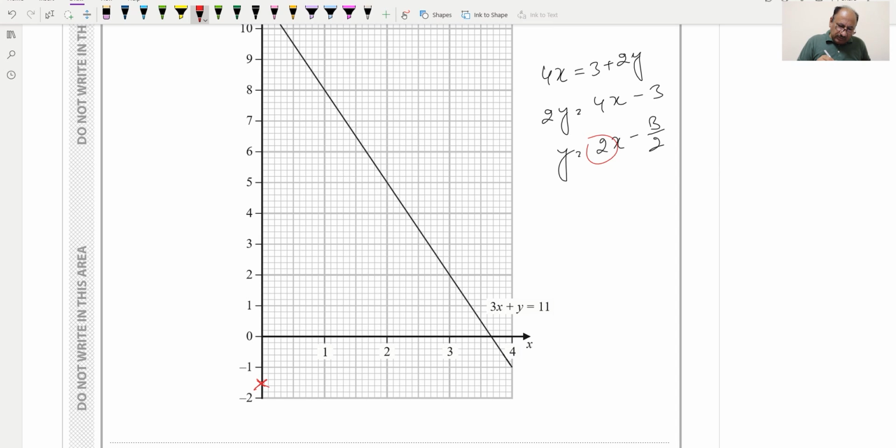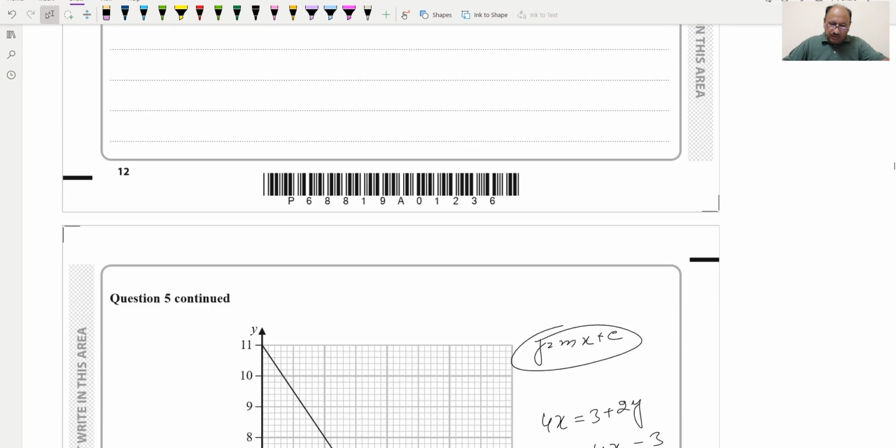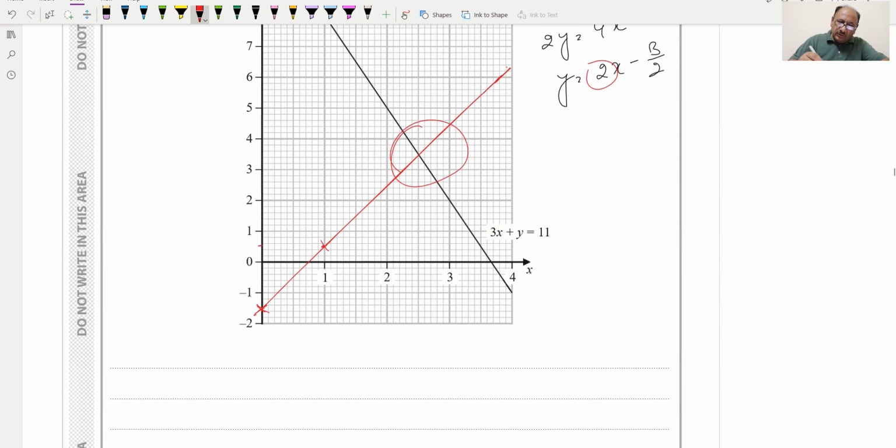So 2 units up and 1 unit to the right will be this point which we got, and we need to draw the straight line, and this is the straight line which we can draw, and we extend this up to the required mark. So this will be the line, and they are saying what? This is basically the line, and this is the point of intersection.